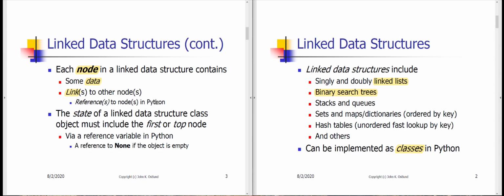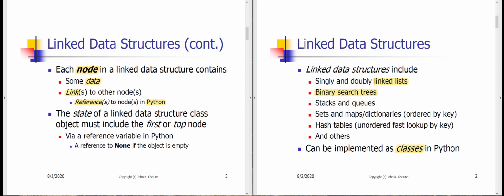Now in Python, for these links, we use references. In other languages like C or C++, we would use pointers. So the internal representation of any linked data structure consists of a collection of these node objects containing data and links, references, pointers to other nodes.